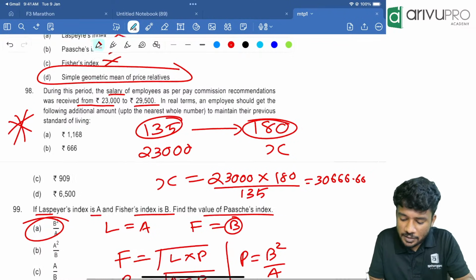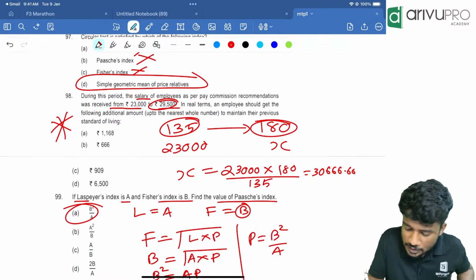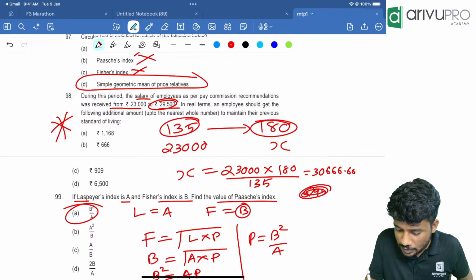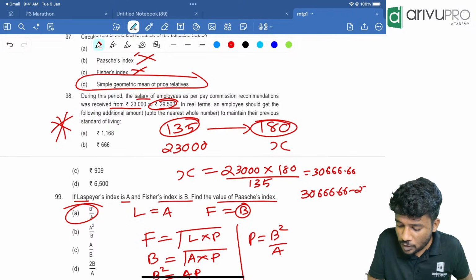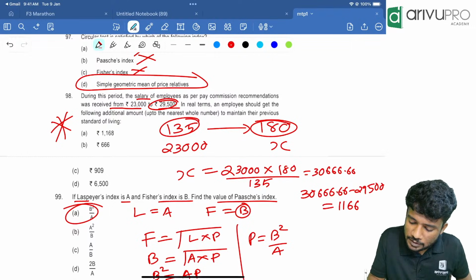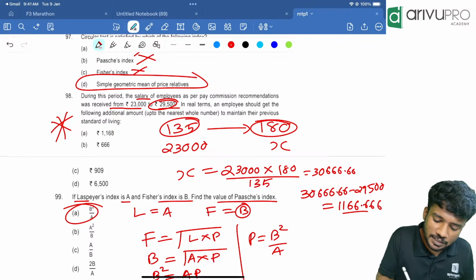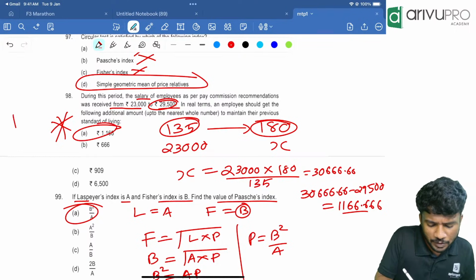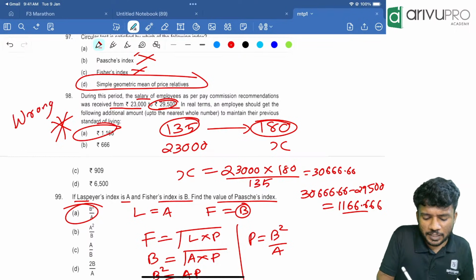How much additional should be given? Additional amount is 30,666.66 minus 29,500, which is equal to 1166.666. Nearest answer is option A. It is a wrong question, but we corrected it.